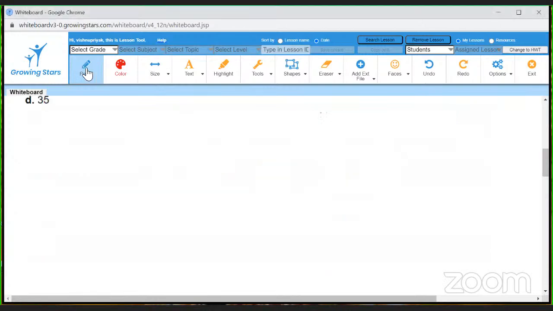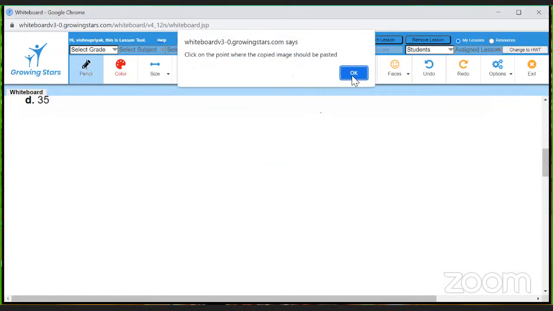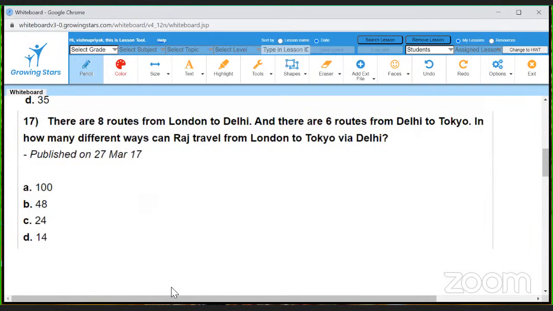Next question. The seventeenth one. There are 8 routes from London to Delhi, and there are 6 routes from Delhi to Tokyo. In how many different ways can Raj travel from London to Tokyo via Delhi?